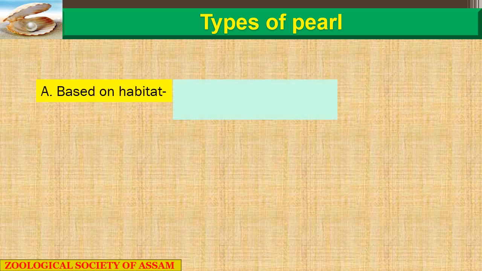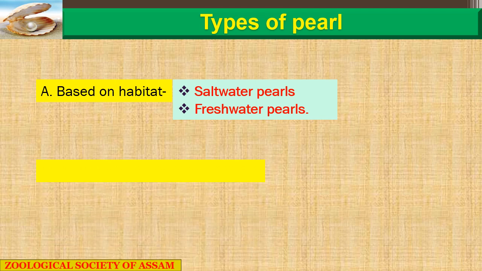Based on habitat, the pearl may be categorized as saltwater pearl and freshwater pearl. The saltwater pearls come from oysters that live in oceans, while the freshwater pearls are produced by the mussels that live in rivers, lakes or ponds.